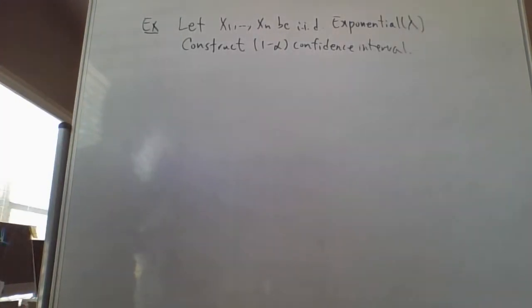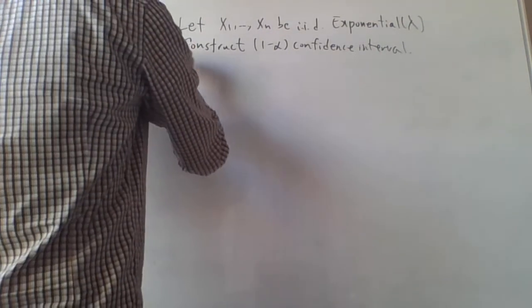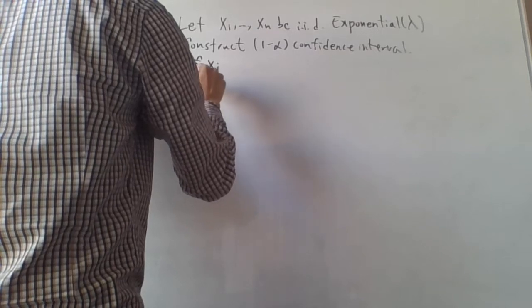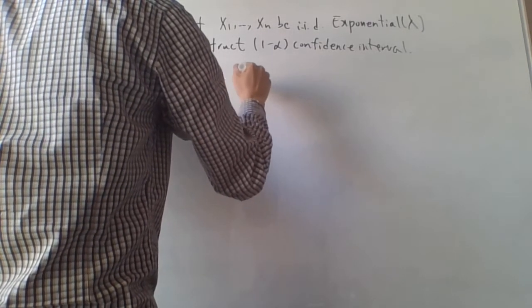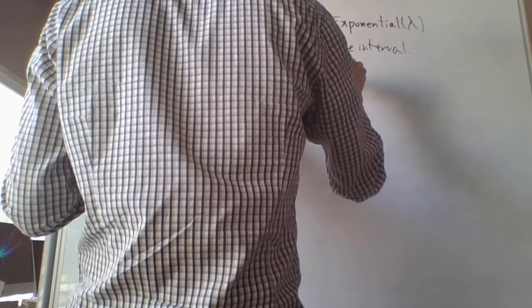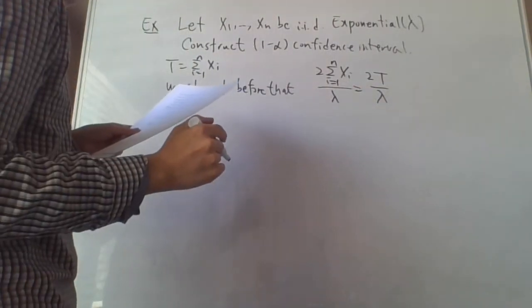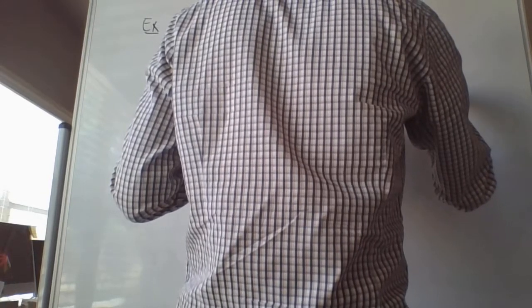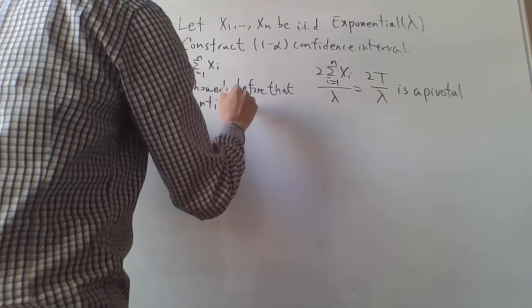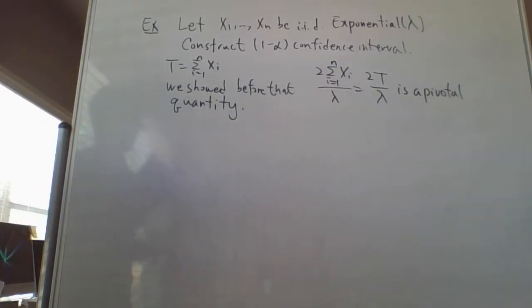We will construct a 1 minus alpha confidence interval. And we showed before, let T equal the sum of the Xi, that 2 times the sum of Xi divided by lambda, so 2T divided by lambda, is a pivotal quantity. So we showed that just before.